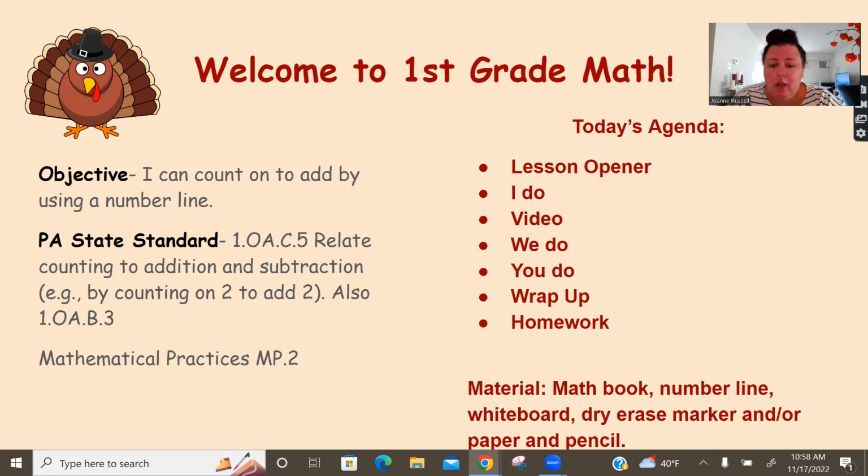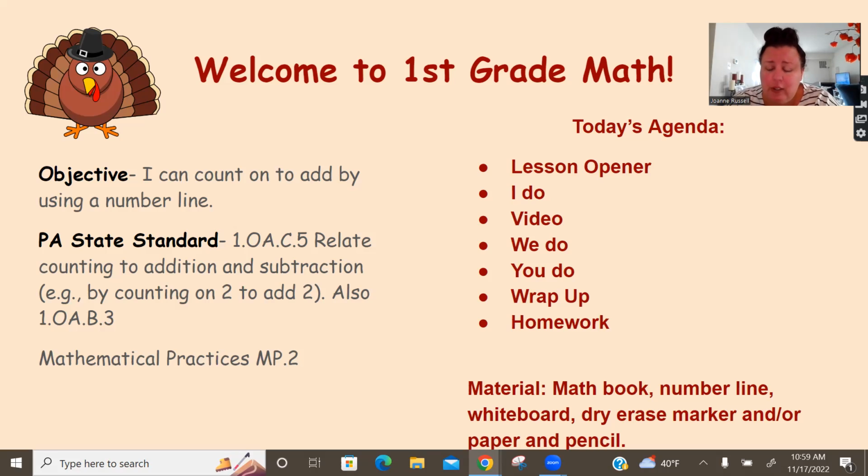Then we're going to go into your part, your you do. You're going to go on your Google Classroom and go to your group and do the assignment. And there's a green check mark there to show us that part of it is graded. Then we're going to come back together, wrap up the lesson, and see what the homework is.